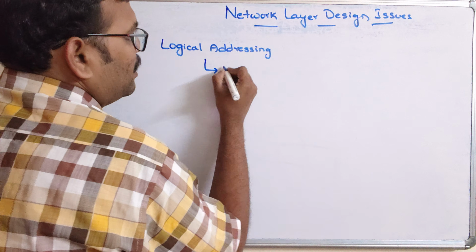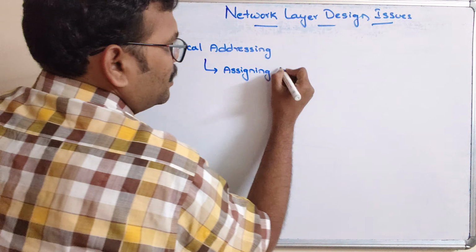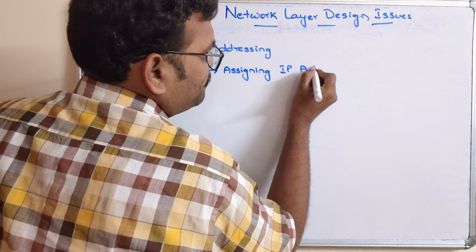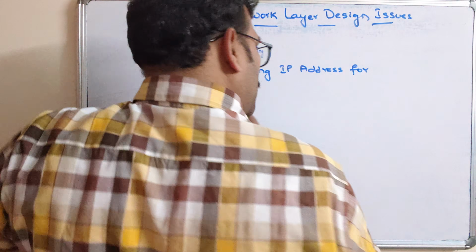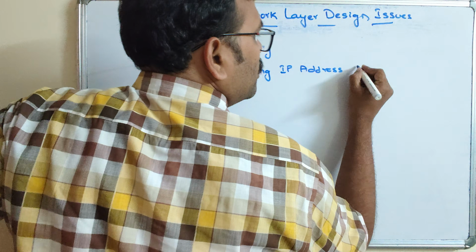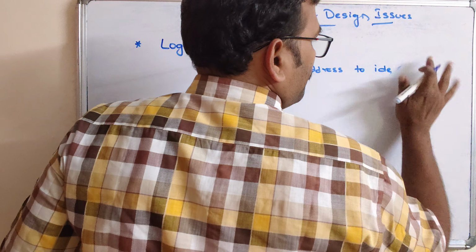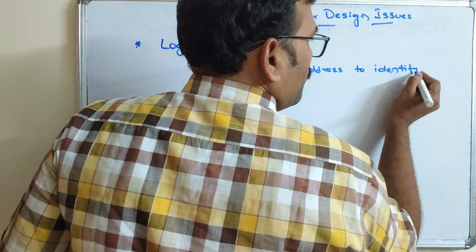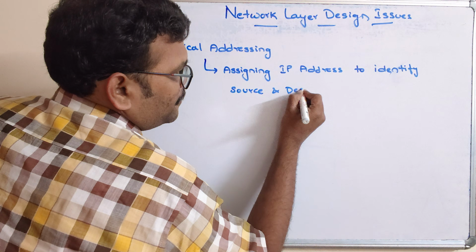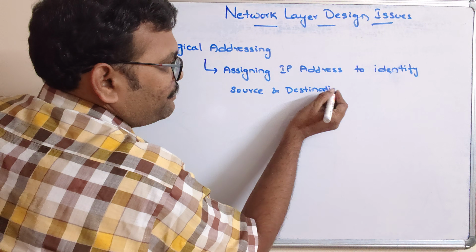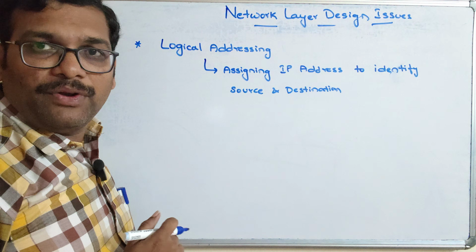So this is assigning IP address to identify source and destination. That's the first design issue of network layer. So that will be done by the network layer.